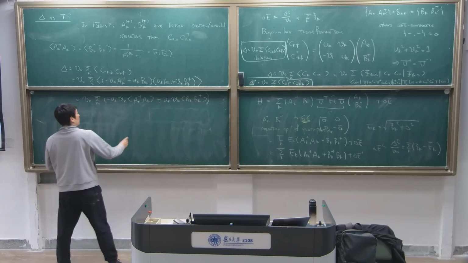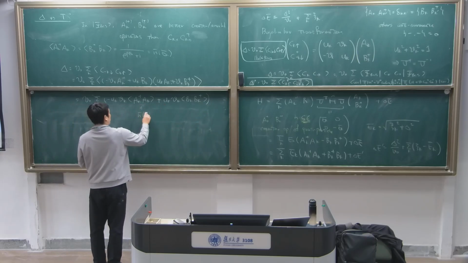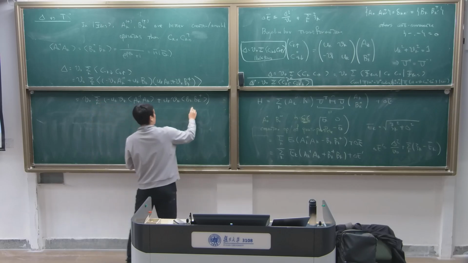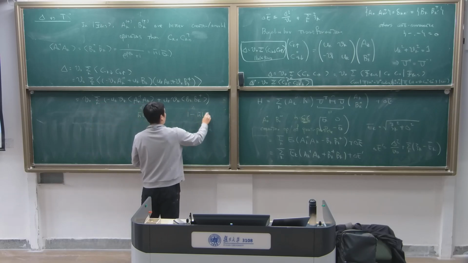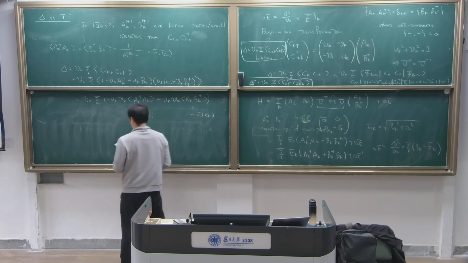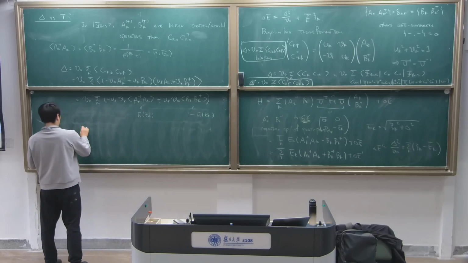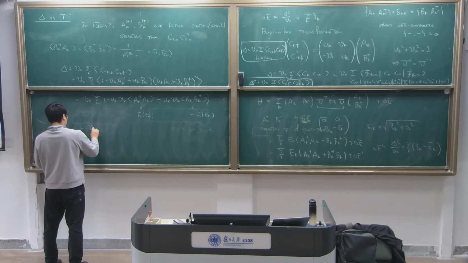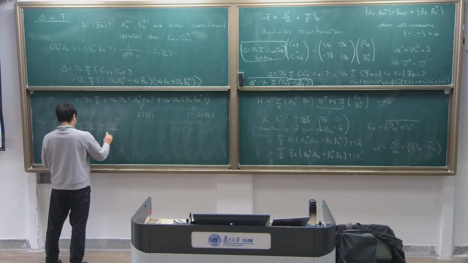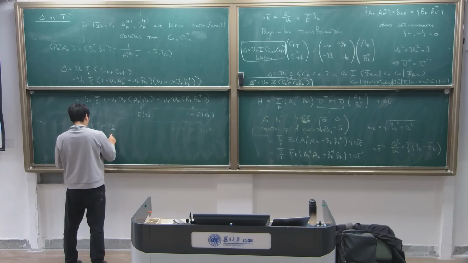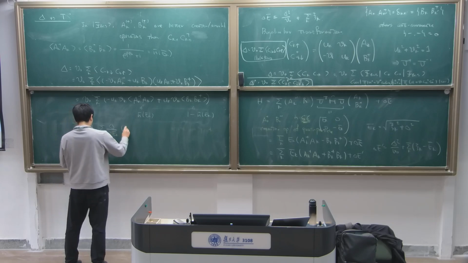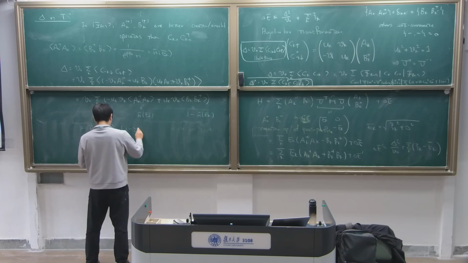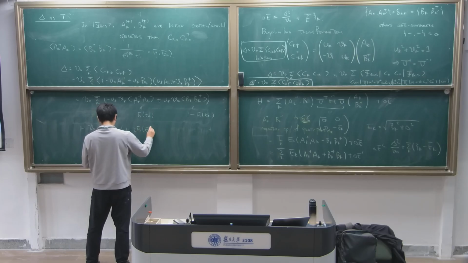This is equal to alpha K, and this is equal to 1 minus f K. Therefore this is equal to D0 sum over 2 U K V K, 1 minus 2 f K.